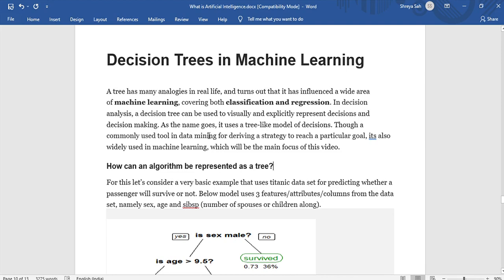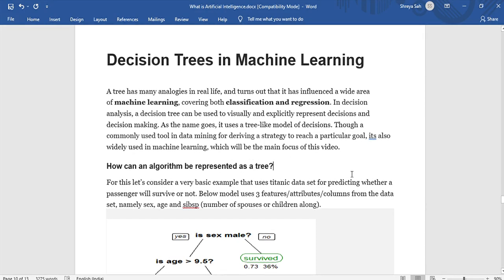As the name goes, it uses a tree-like model. You can ask why decision trees are called decision trees? Because it looks like a tree. When you see the model, you'll see that the visual representation looks like a tree. Though it is a commonly used tool in data mining for deriving a strategy to reach a particular goal, it's also widely used in machine learning, which will be the main focus of this video.